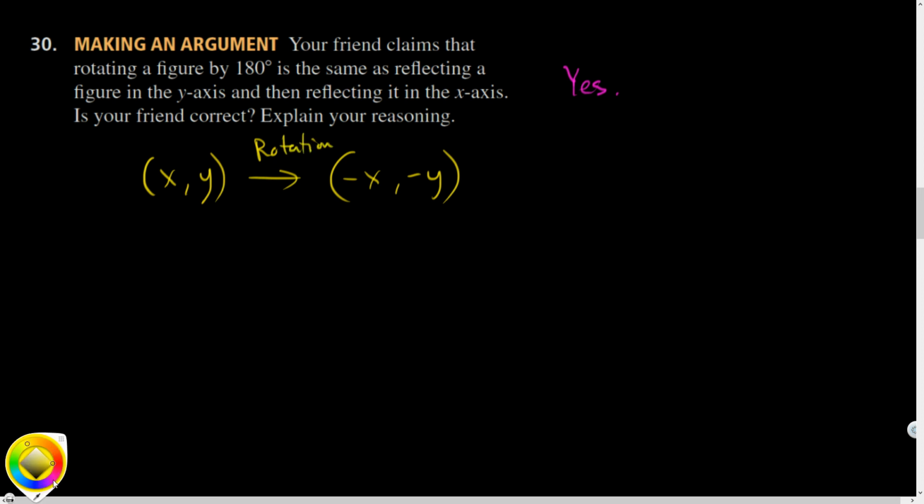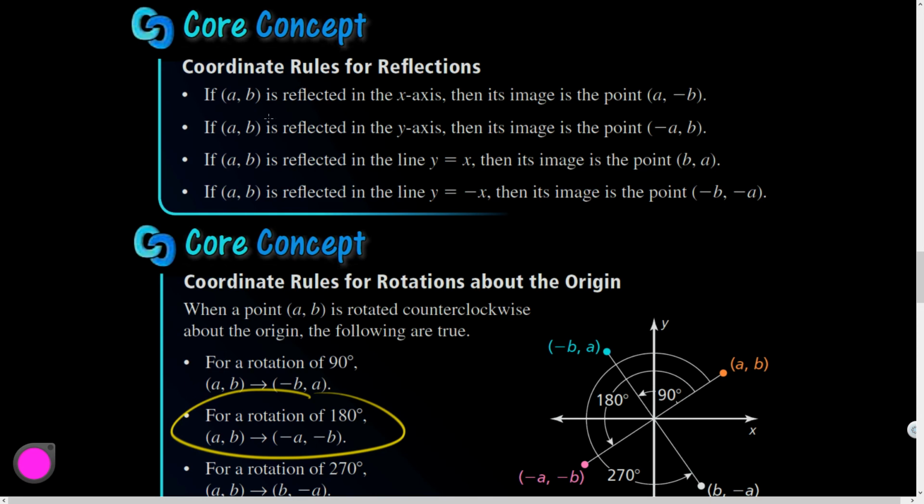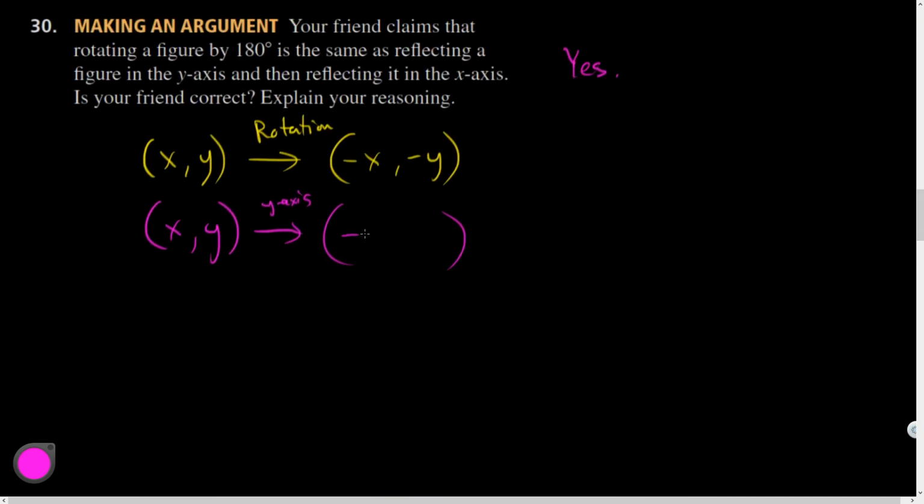All right. What about if I did the reflection version? Would it matter if I do x or y first? Shouldn't, right? But we'll do the y-axis first. Reflected in the y-axis, it becomes opposite A, comma B. So that would be opposite x, comma y.